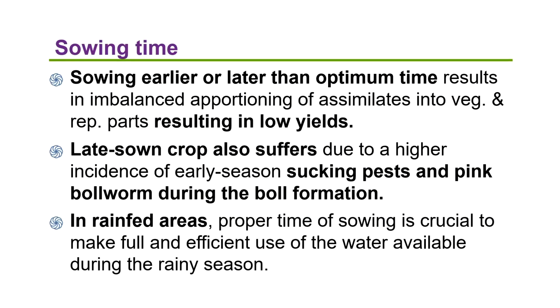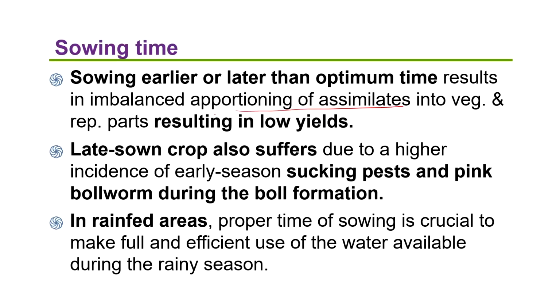Now coming to the sowing time, next aspect, sowing earlier or later than optimum time results in imbalanced apportioning of assimilates into vegetative and reproductive parts, resulting in low yields. So definitely right time of sowing is very, very important to increase the resource use efficiency and also to prevent the crop from certain biotic and abiotic stresses.